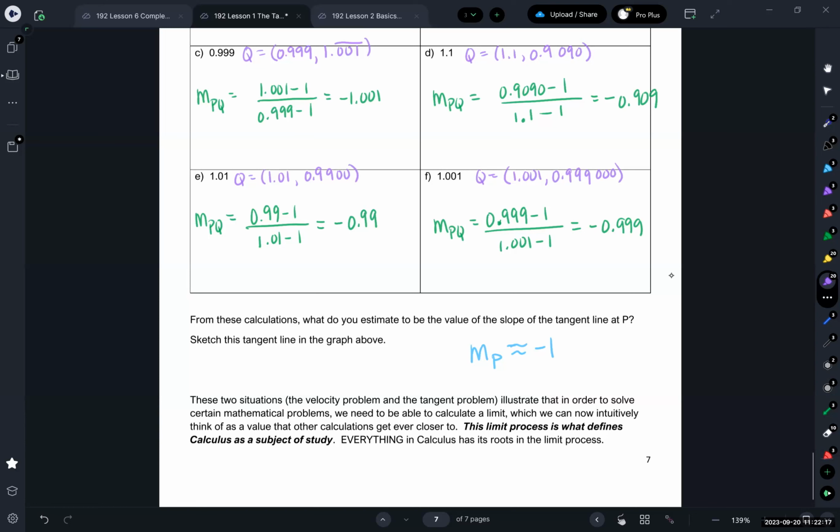A limit is kind of a value that all these other calculations are getting closer and closer to. And it is, in fact, this limit process and what a limit truly is that defines what calculus is. Everything we do is going to be based on limits. So hopefully you now have an intuitive sense of what those limits are, and we'll be doing more with them in future lessons.